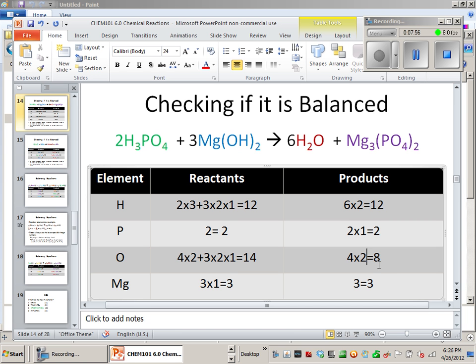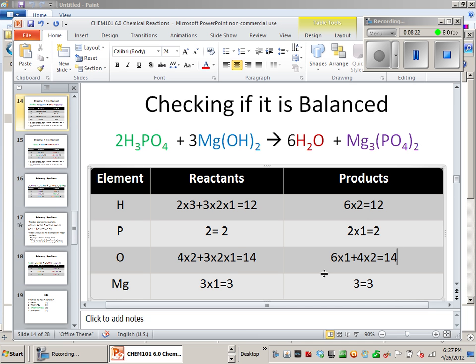So that's going to be, I apparently forgot it last time when we did this originally. 6 times 1 oxygens from the water and 4 times 2, so I think that's 14. 6 times 1 from the water and 4 from each phosphate ion, and there's 2 of them, so that means 8. So 6 plus 8 gives me 14.